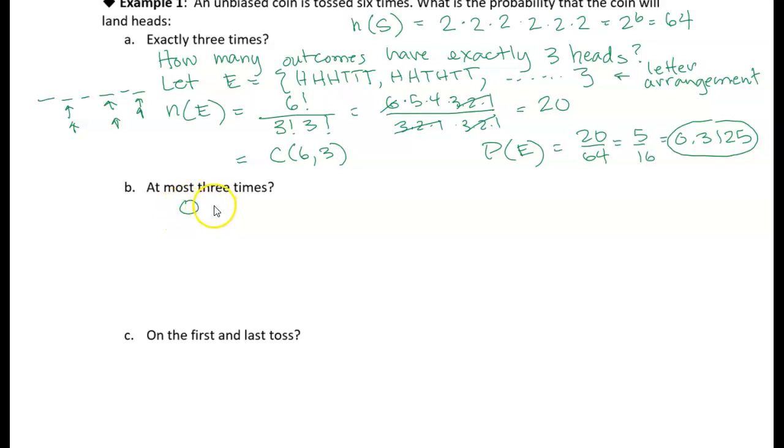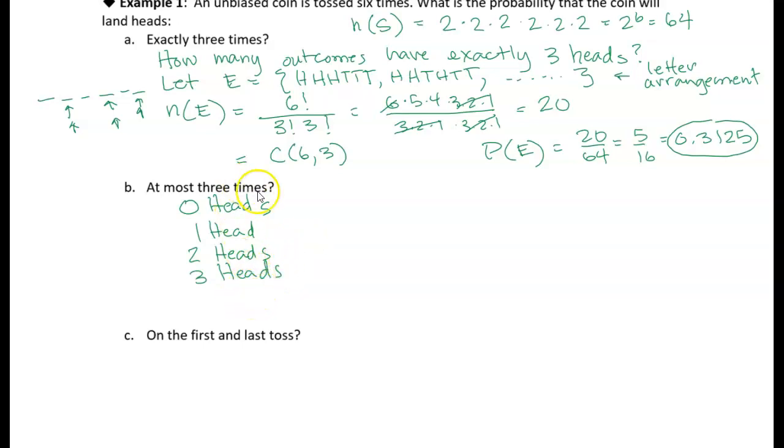So 0 heads, that would be no more than 3. Definitely less than 3. 1 head would be definitely less than 3. 2 heads, or 3 heads.